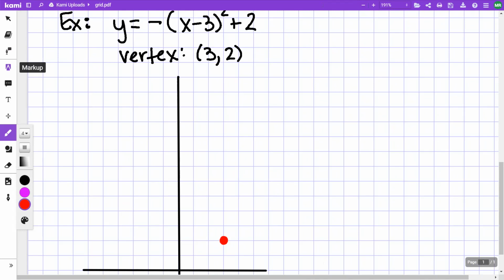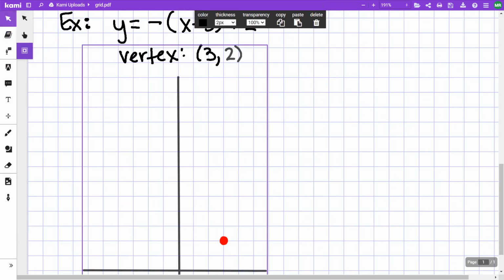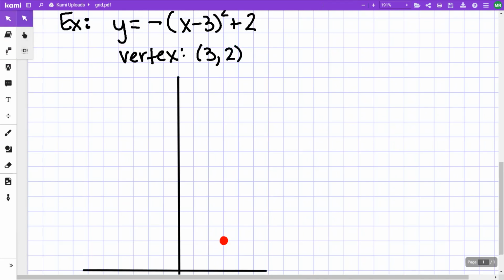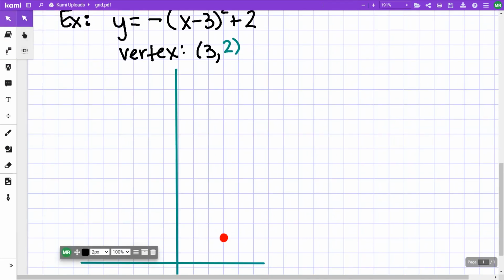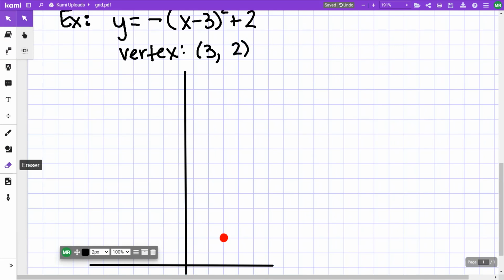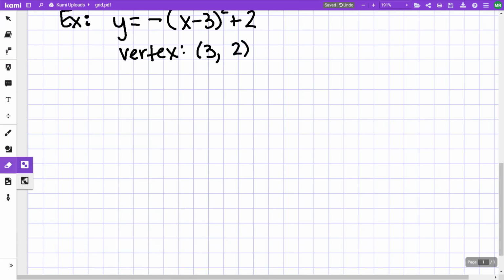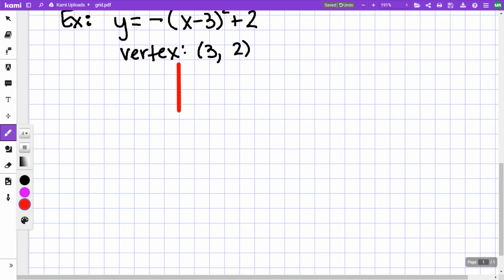So let me just move that. Okay. So let me, oops, I didn't want that in red.